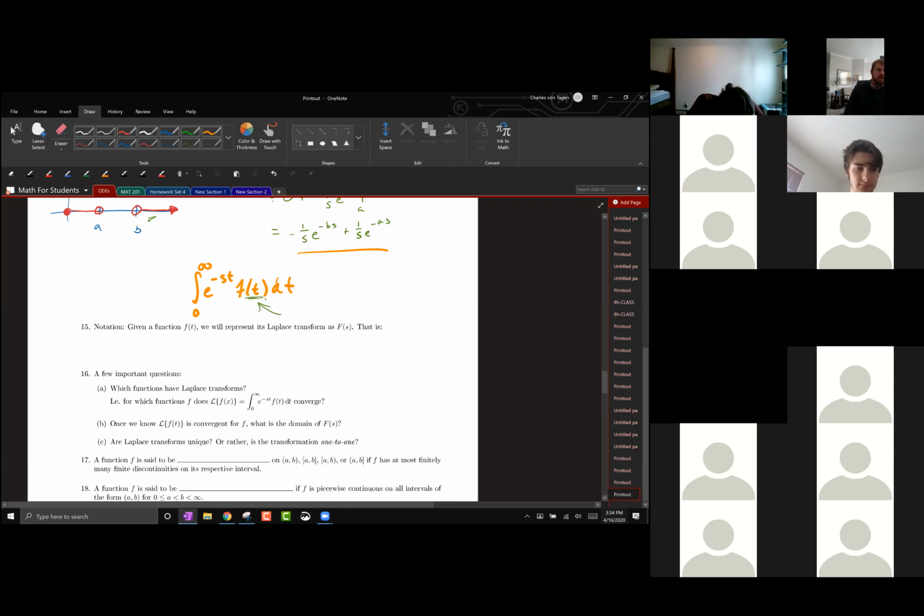Most functions are pretty tough to evaluate in the Laplace transform. We often use integration by parts and other techniques. The hard part is then also that we've got this upper limit of integration of infinity, which is always a pain to deal with.